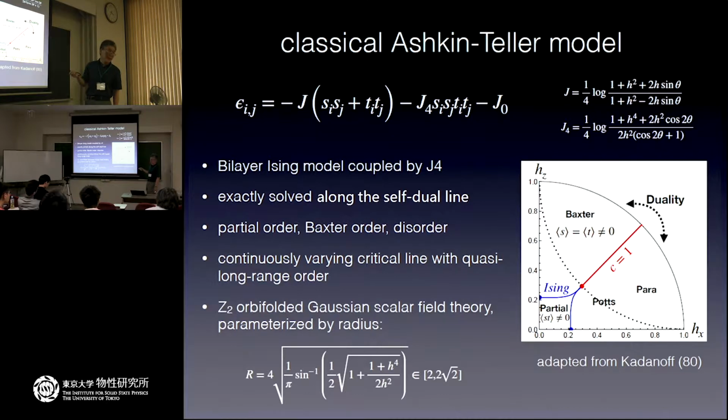Between the partial order phase and the paramagnet phase there is a second-order Ising continuous phase transition, and also from the partial order phase to the Baxter order phase. Between the Baxter phase and the paramagnet phase, there is a KT transition line, which has a central charge equal to 1. And also, the Baxter phase and the paramagnet phase are dual to each other.